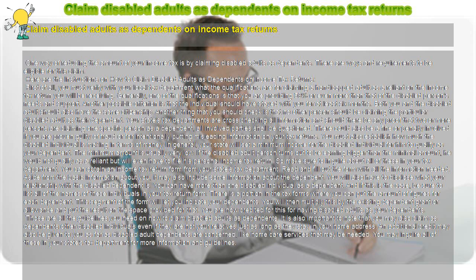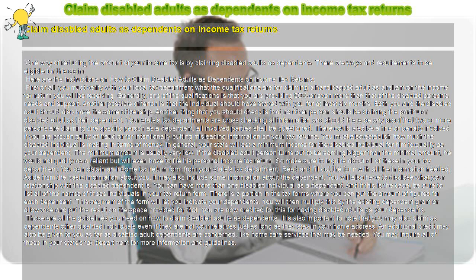Generally, one of the qualifications is that you are providing 50% or more of the disabled person's needs and support. Another possible criterion is that the individual should have stayed with you for at least 6 months. Both you and the disabled adult should also have the same citizenship.